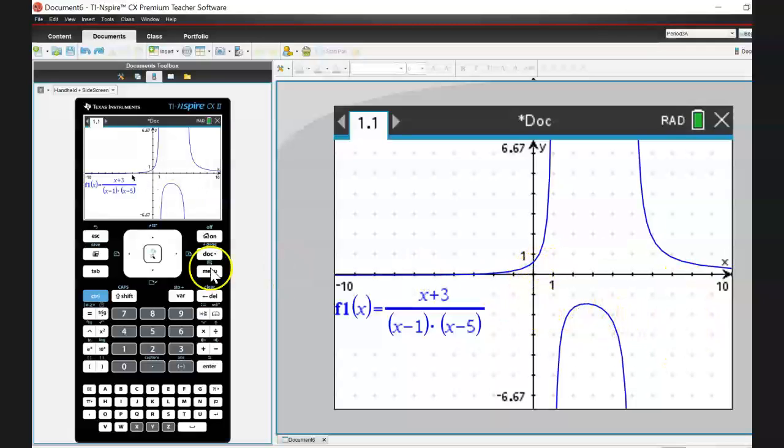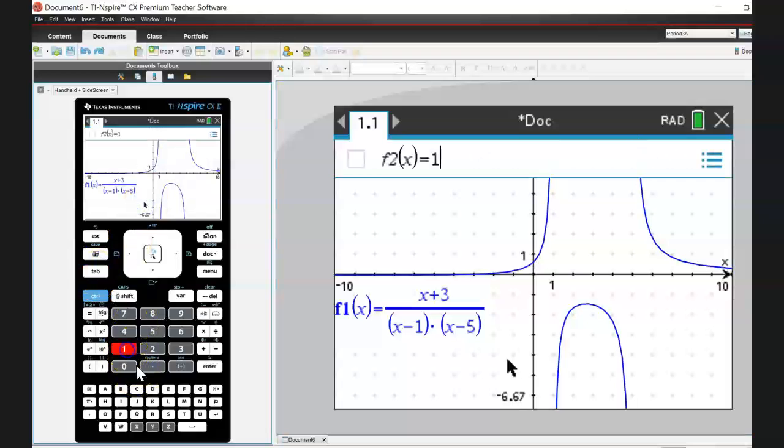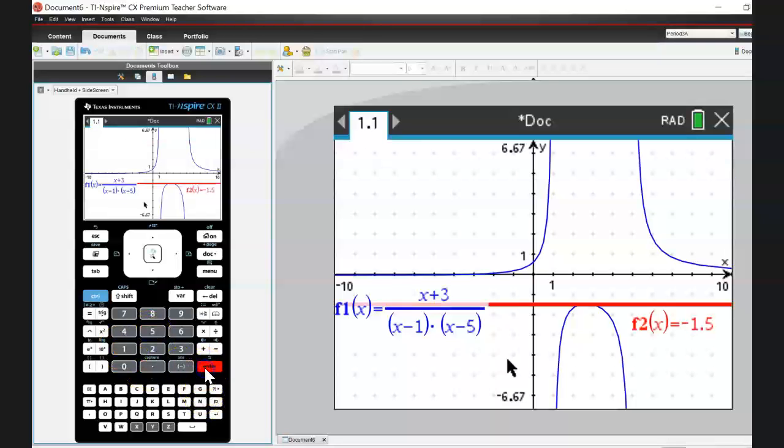You see negative 1.5. But you see it intersects there, right? Okay, I'm going to double check this graph. For right now, leave it blank, and I'm not going to give you that type of problem on the exam. Okay.